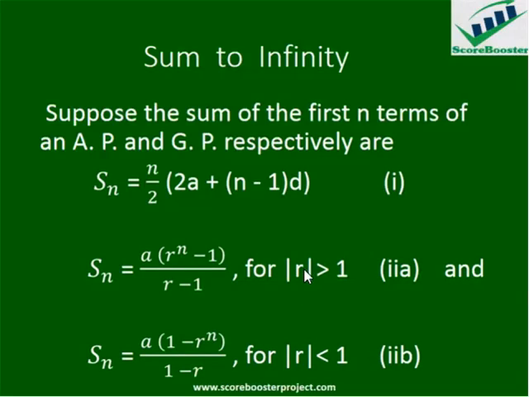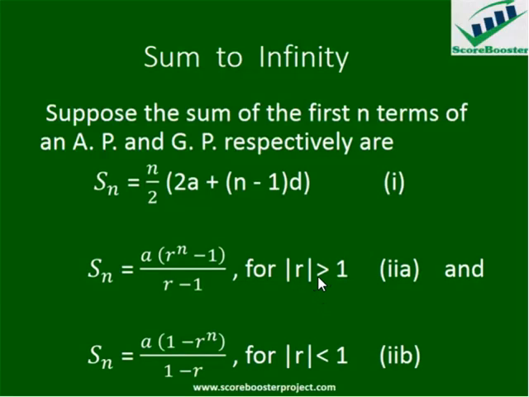So if positive r is greater than 1, that can be written as r greater than 1. And if negative r is greater than 1, we are looking for ordinary r, not negative r. So we divide both sides by the coefficient of r there, which is -1. The moment you divide by a negative number, if you are very conversant with inequalities, the inequality sign will change to its opposite form.